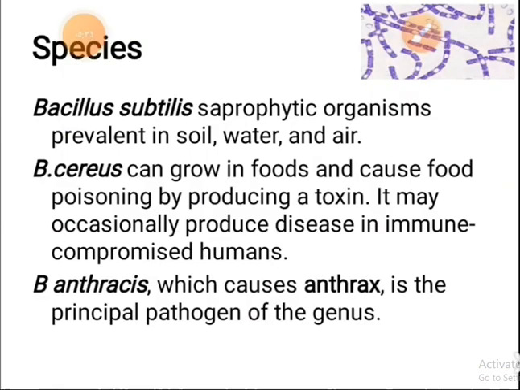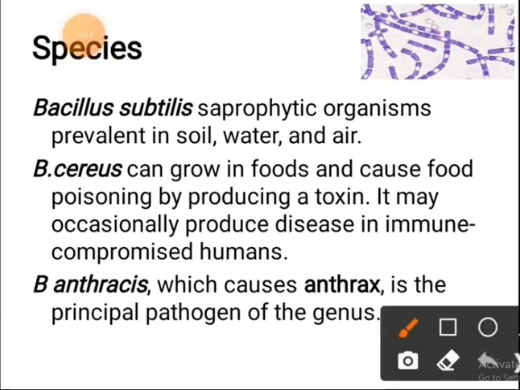The most important species isolated from human infections: first, the most important pathogenic species is Bacillus anthracis, which causes anthrax. بنسميها الجمرة الخبيثة. It is the principal pathogen of the genus.